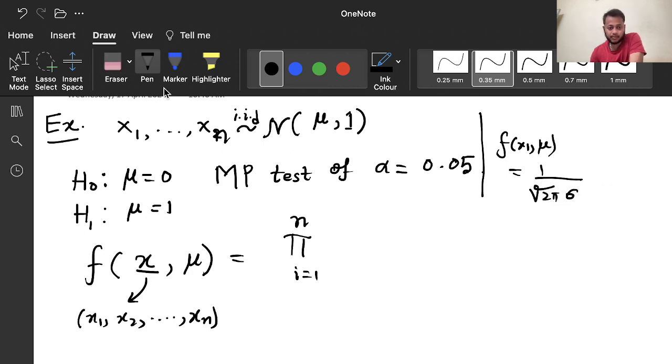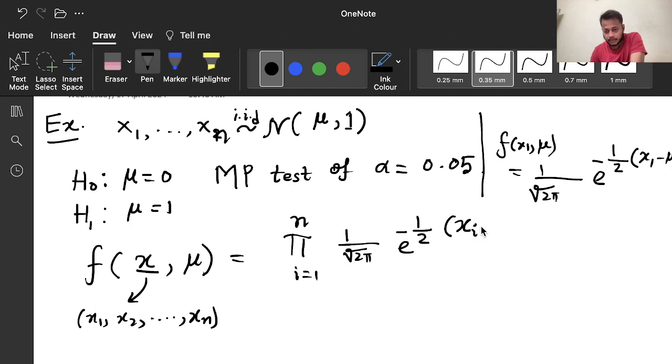Here sigma is 1, e to the power minus 1 by 2 sigma square (xi minus mu) square. So it will be 1 by root 2 pi e to the power minus half (xi minus mu) square.